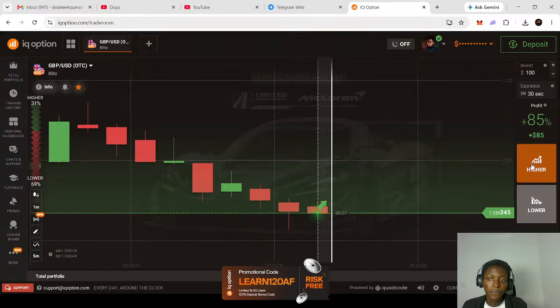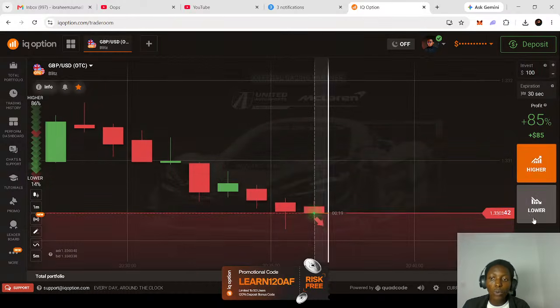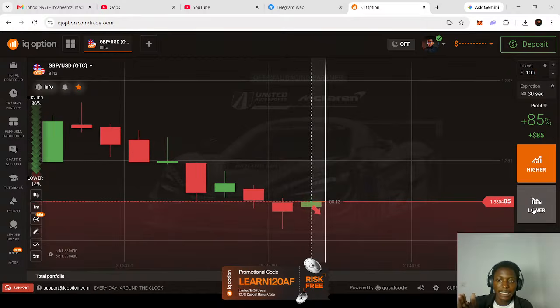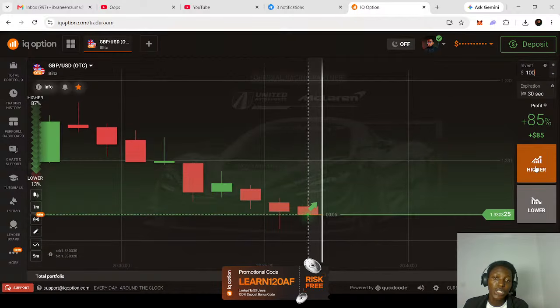If you click higher, it means you're going to be opening a buy option. And lower means a sell option. So if you click lower, that means you will be selling for the next 1 minute or for the next 30 seconds. And if you click higher, you will be opening a position for the next 30 seconds.